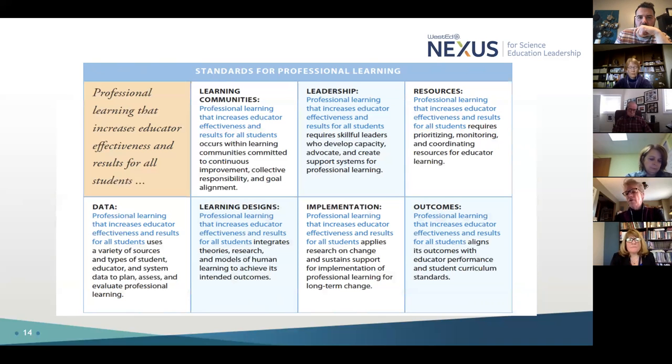We also have, just a reminder for everyone, that resource available on the NEXUS website, but hand in hand, those two sets of standards can really help us, as we'll look at in a few minutes, in designing and thinking about long-term implementation of professional learning as it supports science teaching.